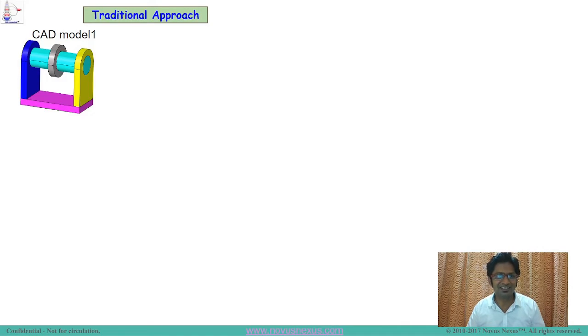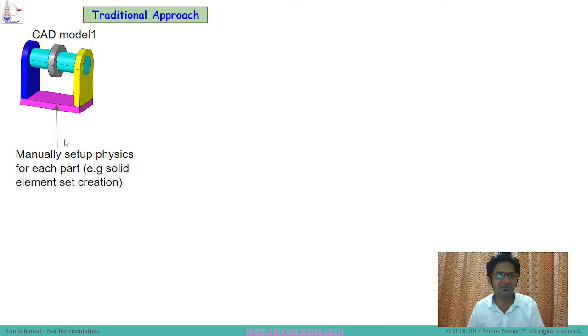In a nutshell, if I want to tell you the difference between the traditional approach and the CAENexus approach: in the traditional approach, let's say I'm dealing with this CAD model, and I want to set up physics related to solid element sets onto these CAD parts.